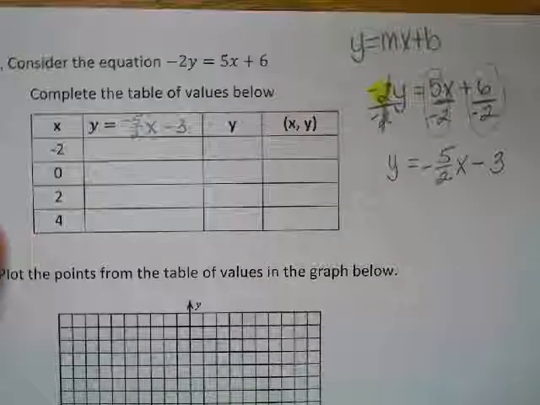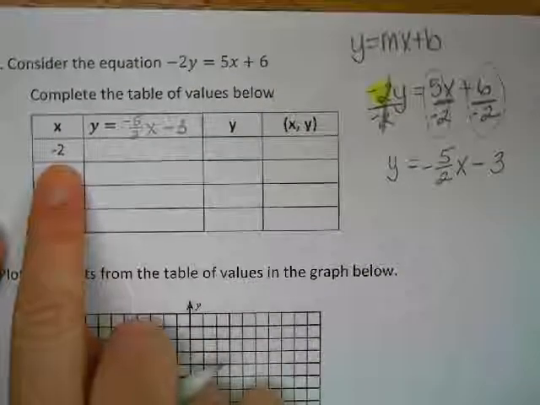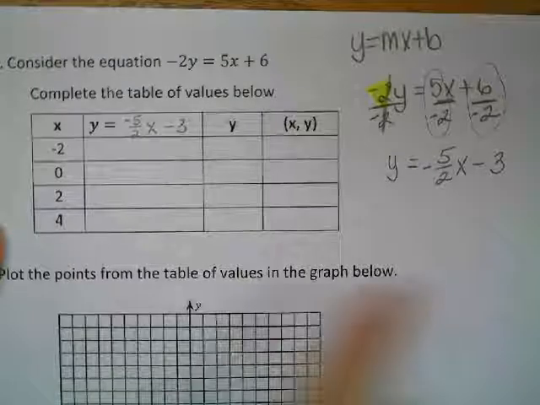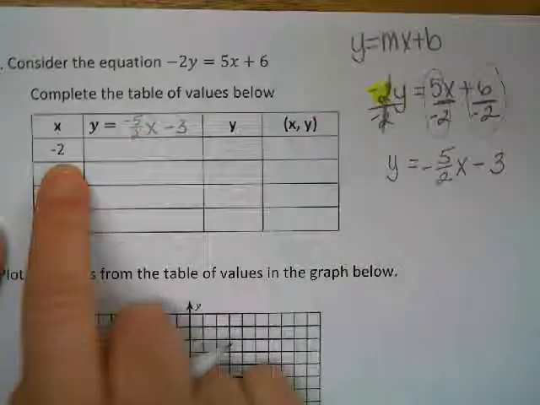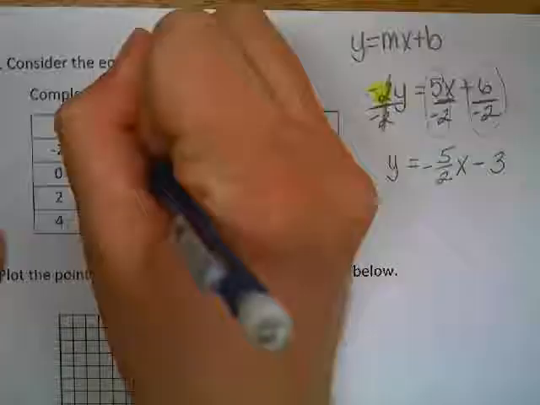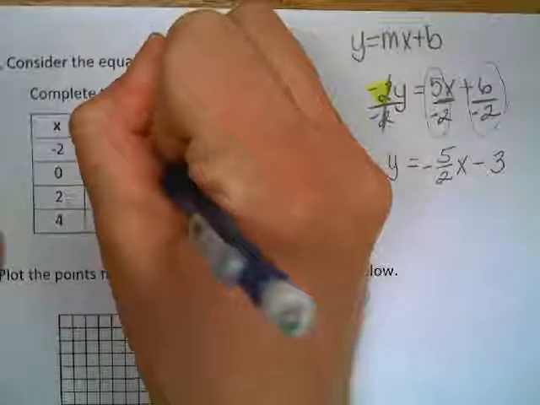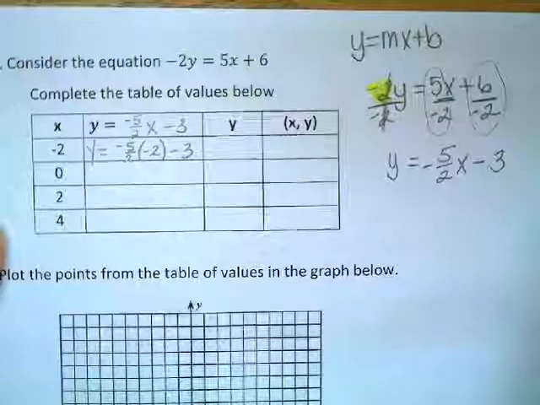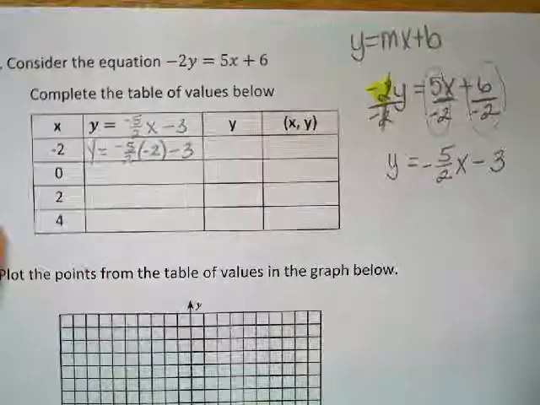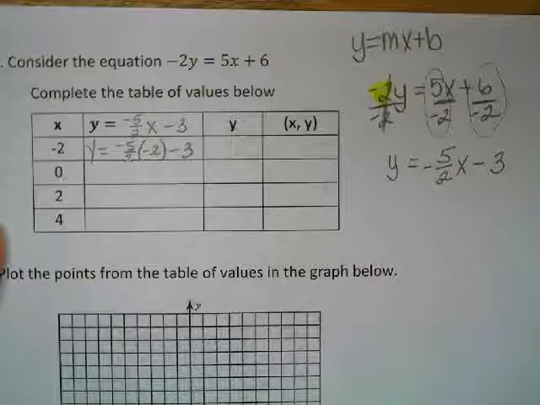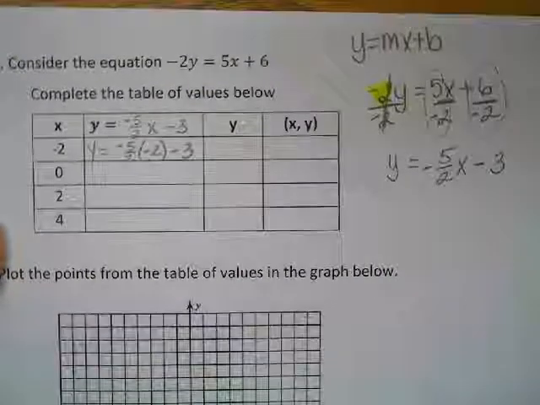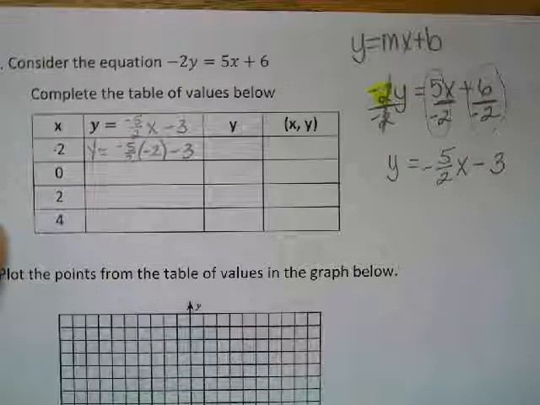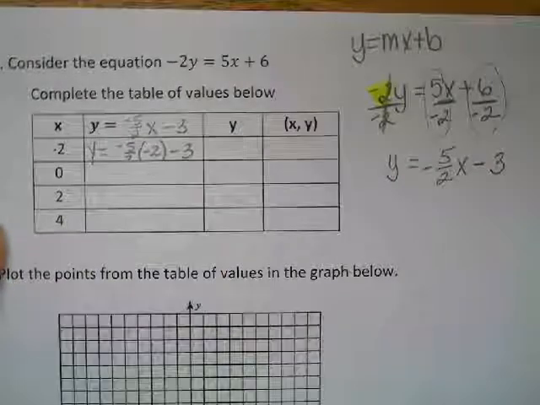So for my table, I'm going to use the x values -2, 0, 2, and 4. So starting with -2, y equals -5/2 times -2 minus 3. All right, so now you have fractions, you have integers, and again, if you are stuck with all of these operations, put it in a calculator exactly how you wrote it down.